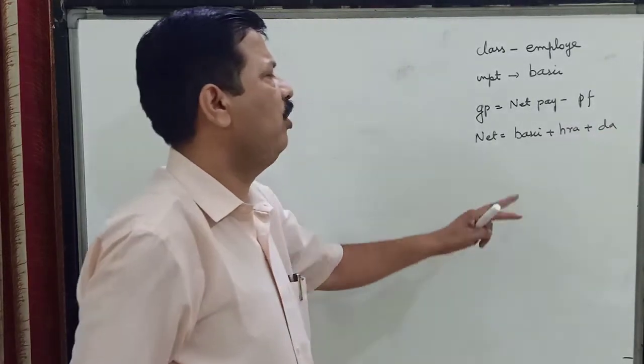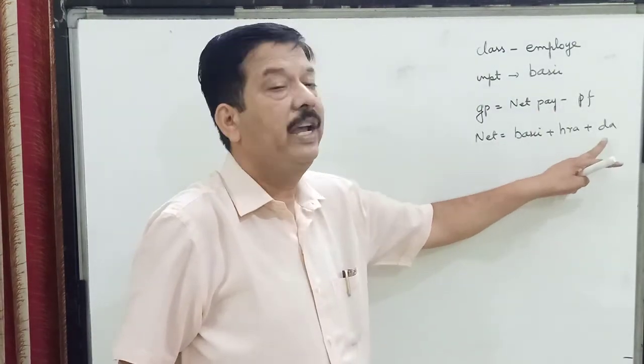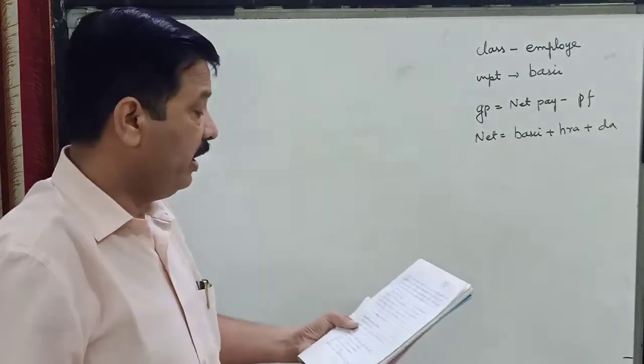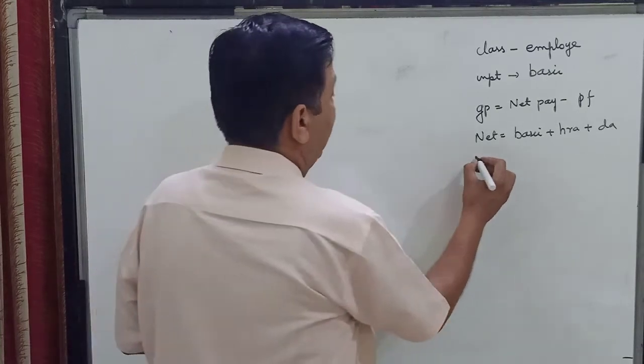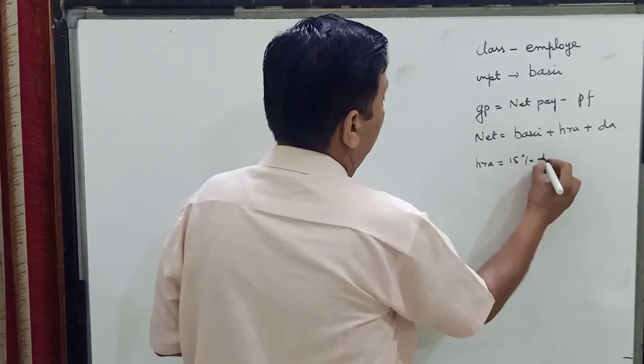Now children, these are very common terms. HRA is for house rent allowance which the employee gets. DA is for dearness allowance. Now children, he has also given you that HRA you have to calculate as 15% of basic.